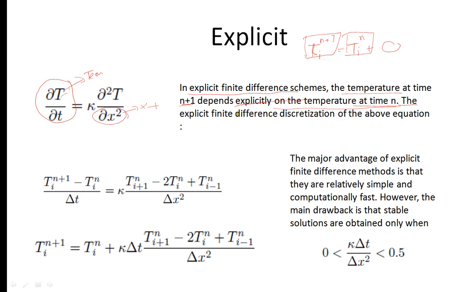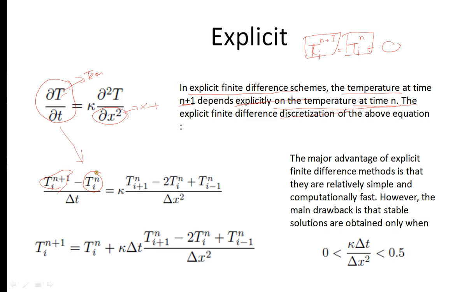The explicit finite difference discretization of the above equation. If we discretize this equation explicitly, how can we write it down? We can discretize this as the future temperature minus the present temperature, at time step k. We know how to discretize this in finite difference.